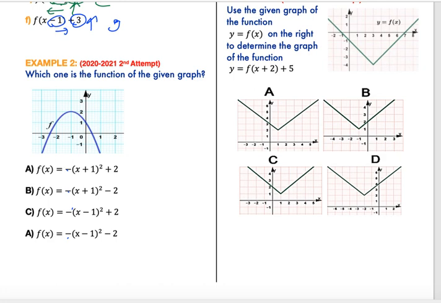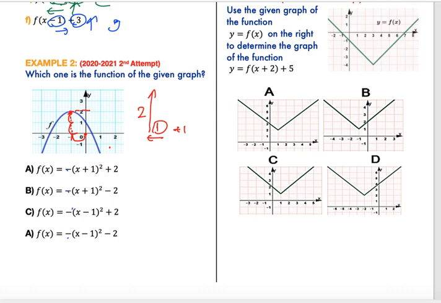So how did this function transform? Okay, here you see the vertex was in the origin first and it shifted to the left and up. So see, it moved 1 unit to the left, 1, 2 units up. So this is what I am looking for. 1 unit to the left means +1, right?